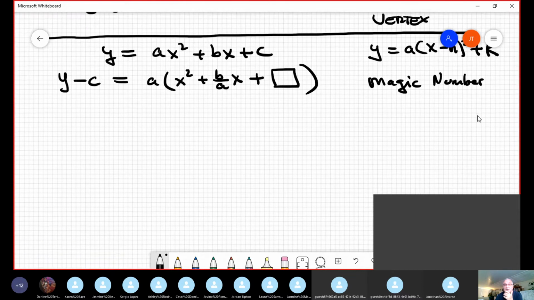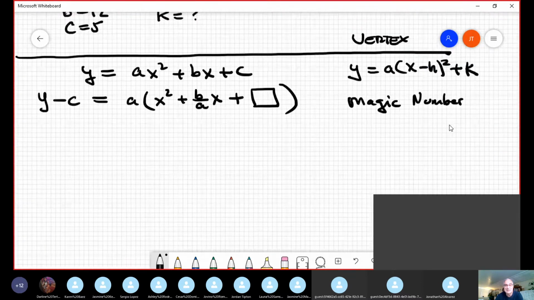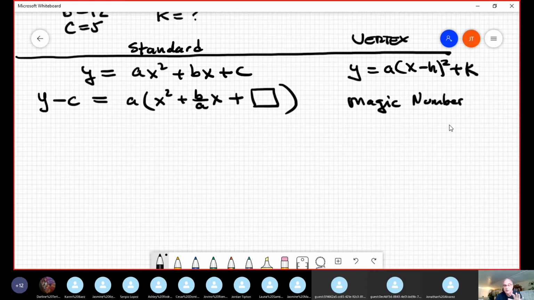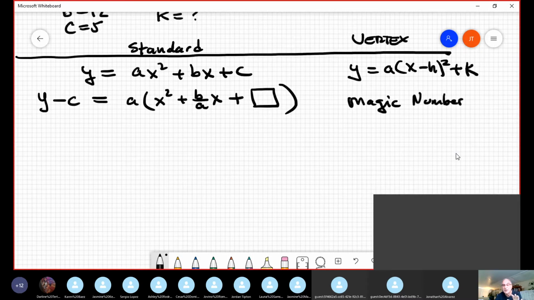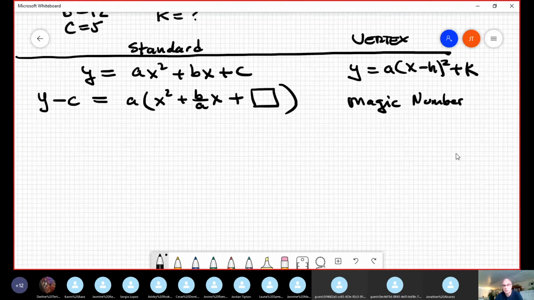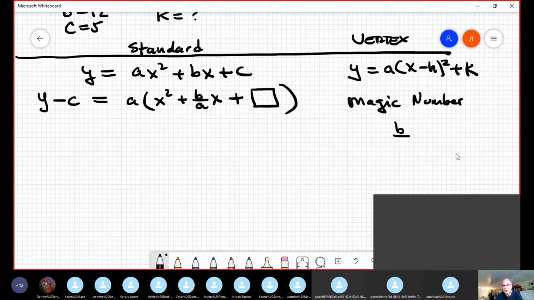I try to derive the formula that connects standard and vertex. This is standard and vertex. What is the formula? Don't worry about the number. The formula is, sorry, no, it's B divided by 2 squared. Yes or no? B divided by 2 squared.